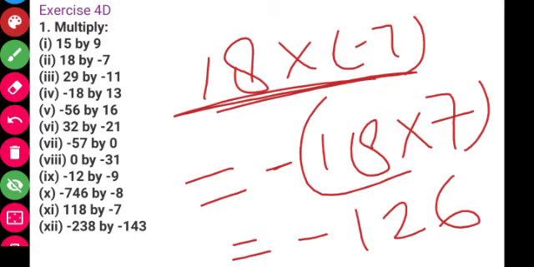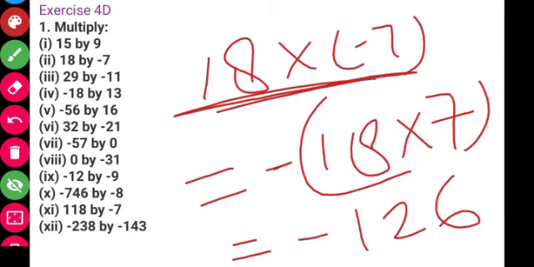Understand? In multiplication of integers, we multiply like natural numbers, but we have to write the sign. When both have the same sign, we write a positive sign, and when both have different signs, we put a negative sign.